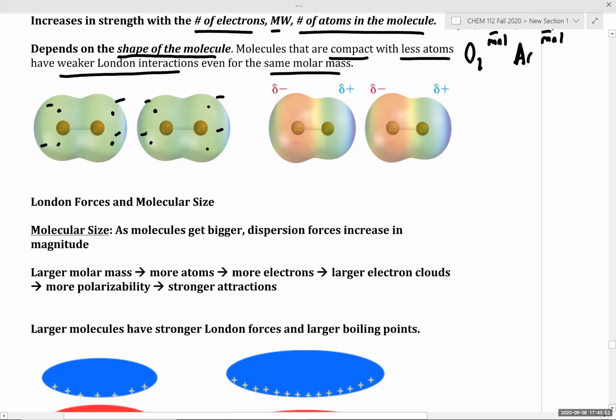Now, at any given time, we can have a temporary random motion of our electrons, and in turn, that would result in our electron density no longer being evenly distributed in our molecule. So let's suppose from the random motion of electrons, we end up with an excess of electron density on one side of our molecule. That in turn will build up a partial negative charge. This is a temporary dipole.